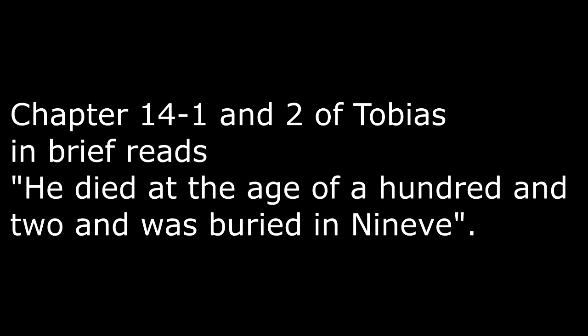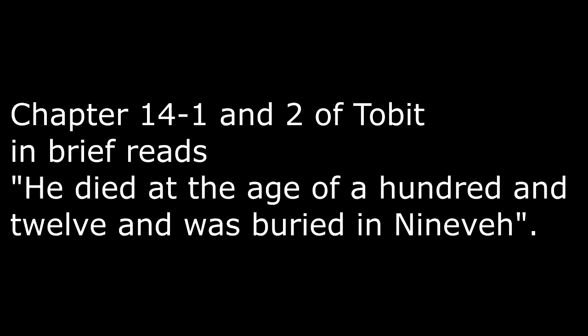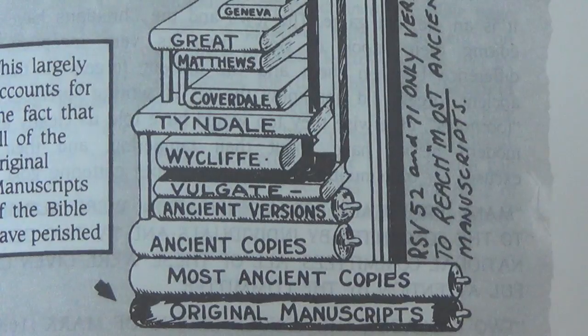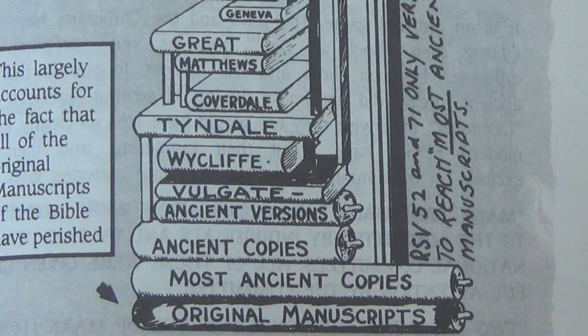Chapter 14, 1 and 2, Tobias in brief reads like this, that he died at the age of 102 and was buried in Nineveh. While chapter 14, 1 and 2 of Tobit in brief reads like this, that he died at the age of 112 and was buried in Nineveh. In some Bibles, the Book of Tobit/Tobias is not to be found in the canon.